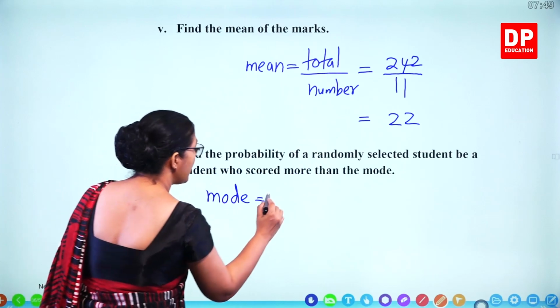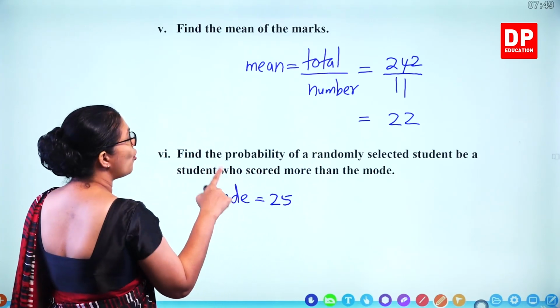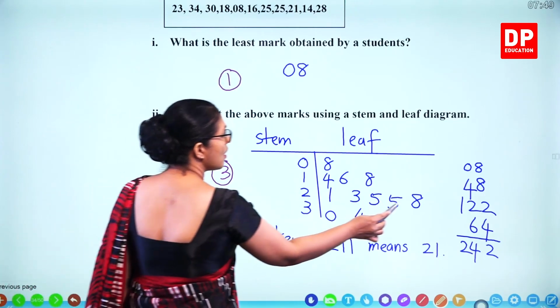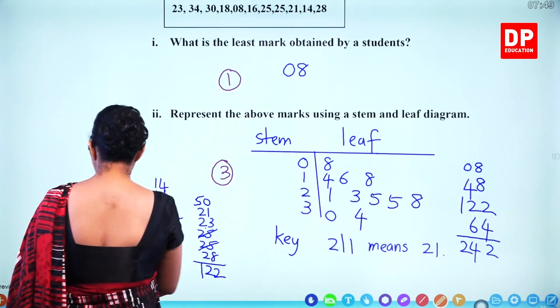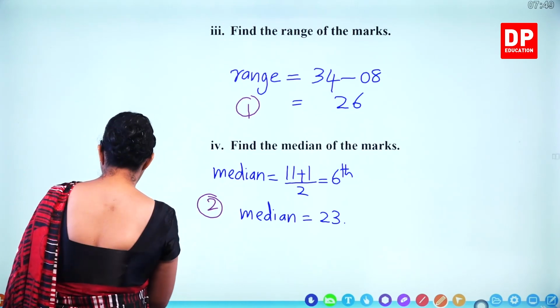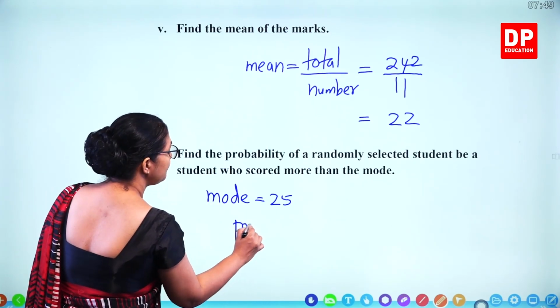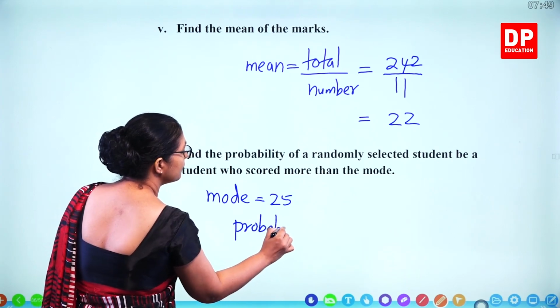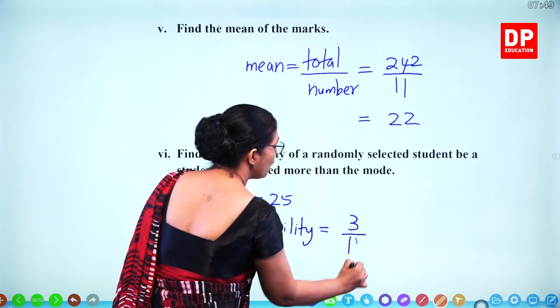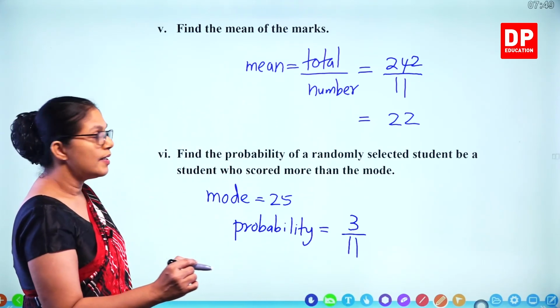And you need to find out who scored more than the mode mark. 1, 2, 3. 3 students. So the probability becomes 3 students out of 11. So 3 over 11.